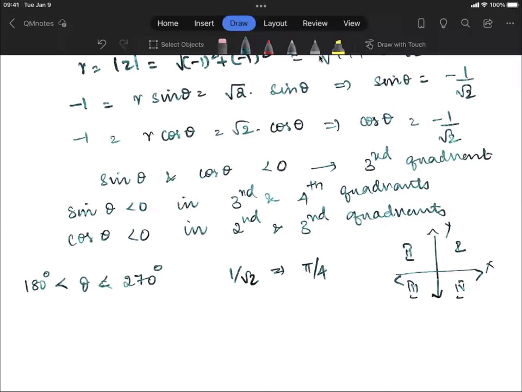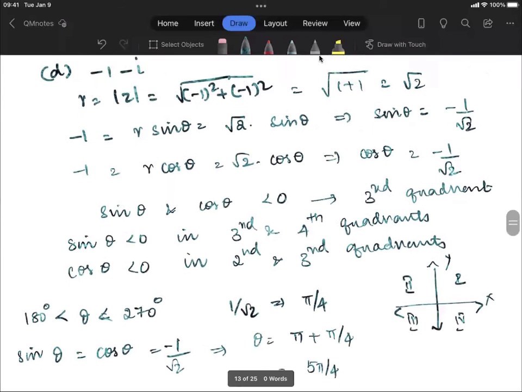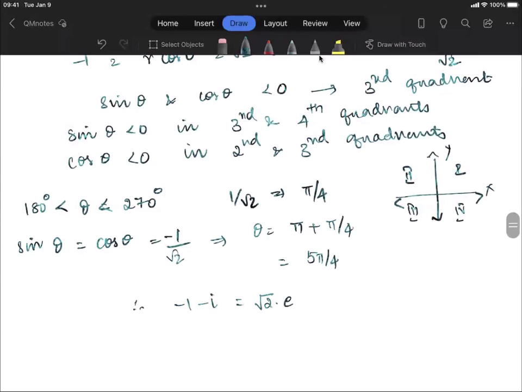And in order to get negative 1 over root 2, the value of theta must be 180 degrees plus 45 degrees, which is 5 pi over 4. So we can write negative 1 minus i as root 2 times e to the power i 5 pi by 4.